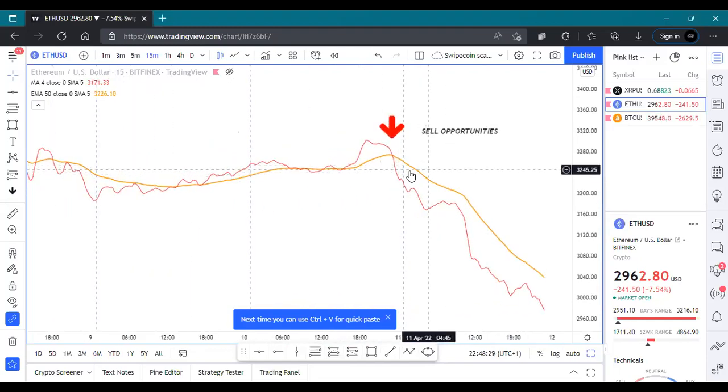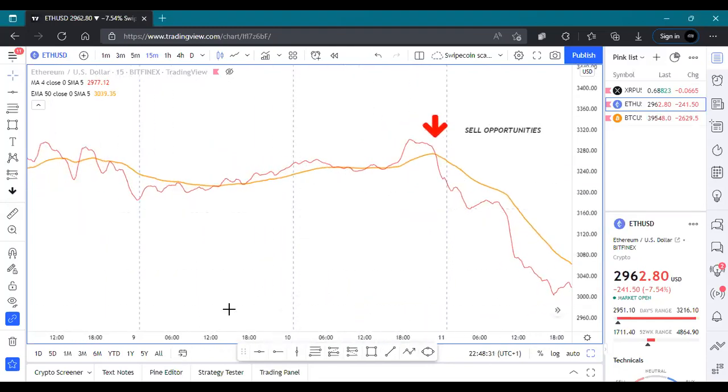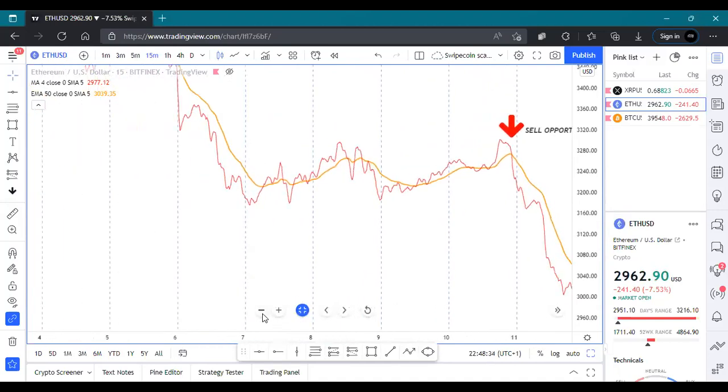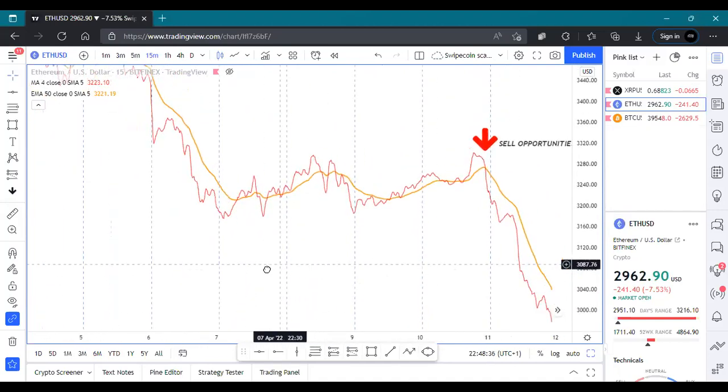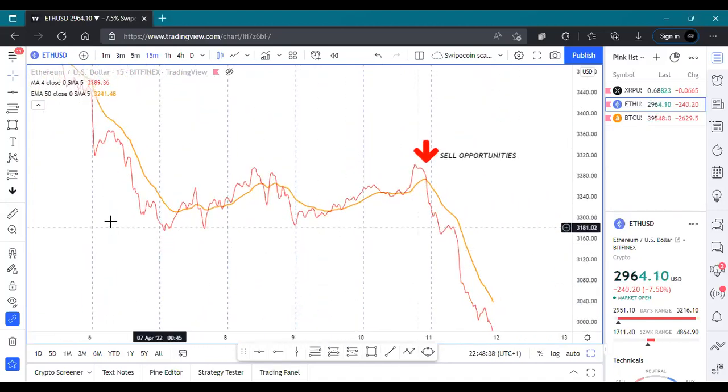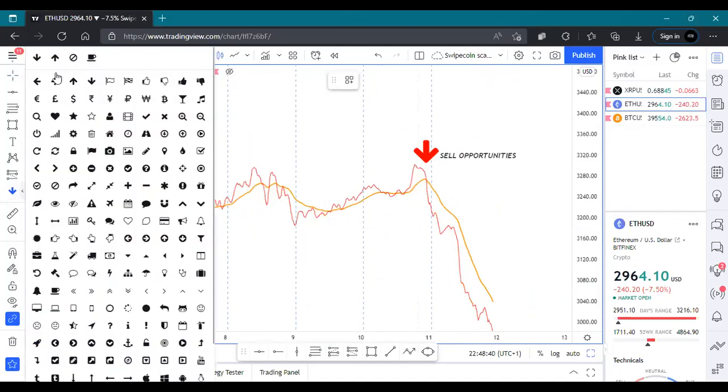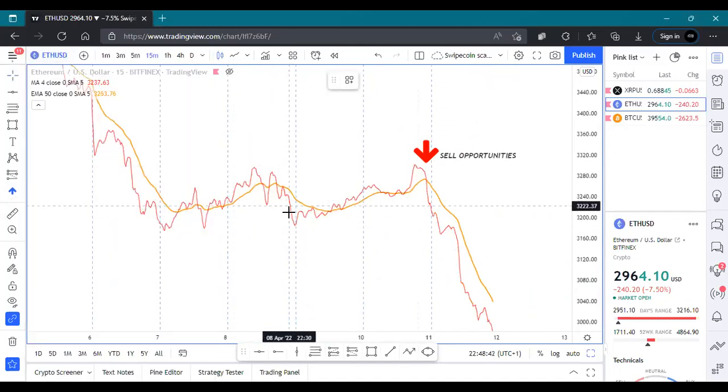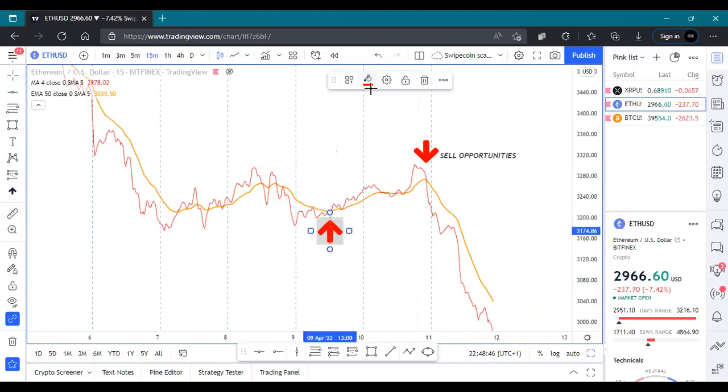So once it crosses down, sell opportunities. Then once you have the red, or the 4 EMA, crossing up, something like this area, you're now supposed to be looking for what? For buy opportunities.